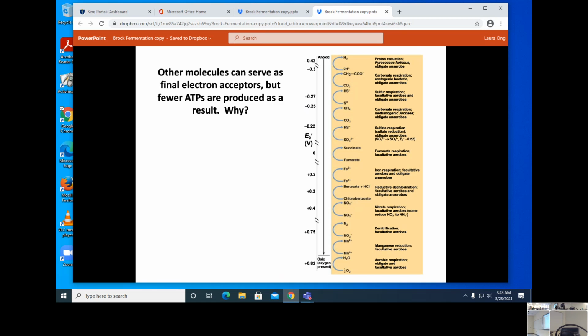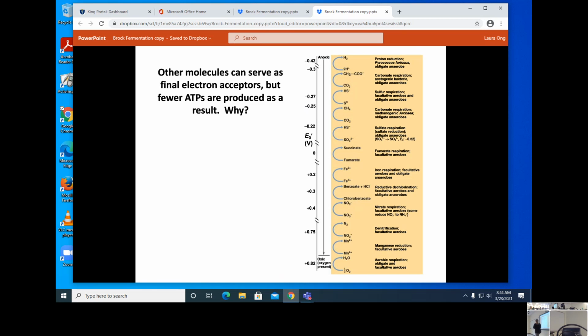This is a redox tower with tiny font that's probably hard to read. And it's showing oxidized and reduced redox couples. So each one of these little blue arrows is the oxidized state and then the reduced state.